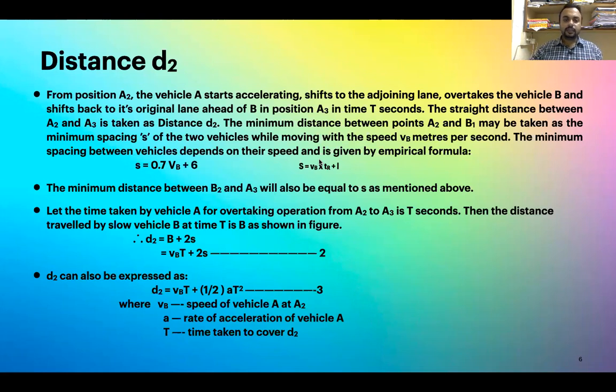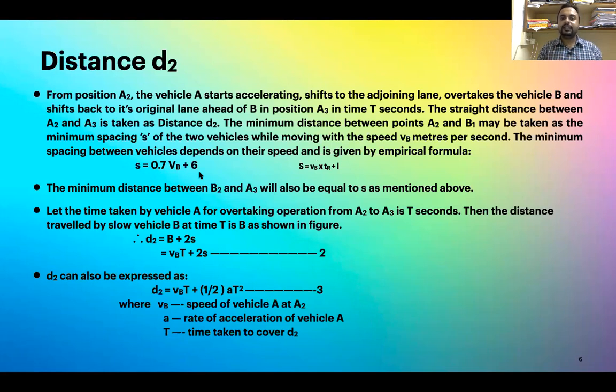Okay. Now, the S is given by 0.7 VB plus 6. What is 6? 6 is an empirical parameter, 6 meters taken as the minimum distance between two vehicles. And 0.7 V is the distance that depends on the speed of the vehicle.